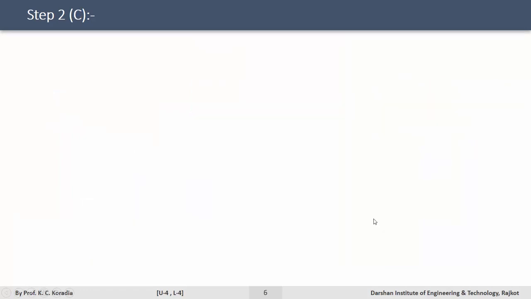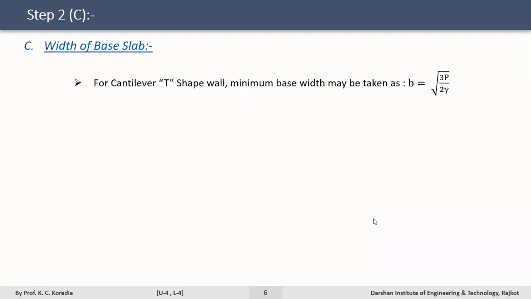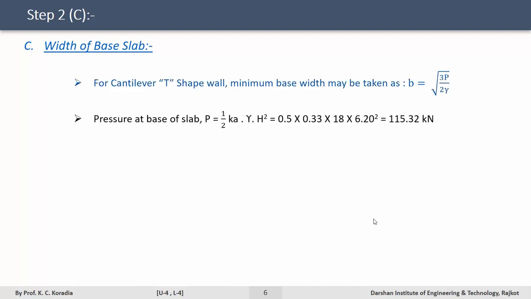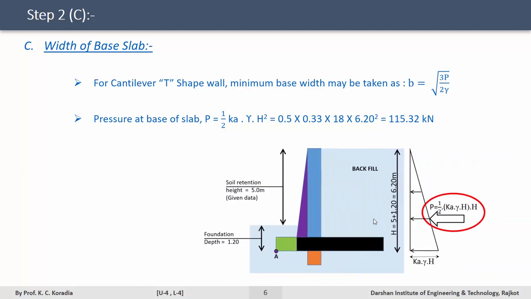In the next step, we will calculate the width of base slab. For a cantilever T-shaped wall, minimum base width can be calculated with the help of the classic equation of soil mechanics, that is B equals under root of 3P upon 2 gamma. Pressure at base of slab P is equal to the area of the pressure diagram. Here the base of the pressure diagram is equal to Ka gamma h, and height is 6.2 meter.